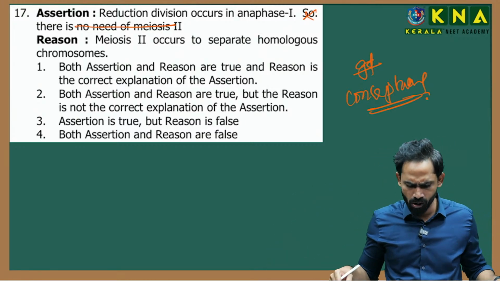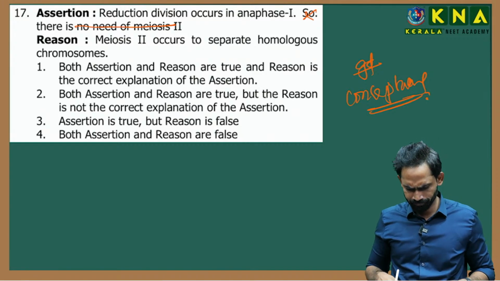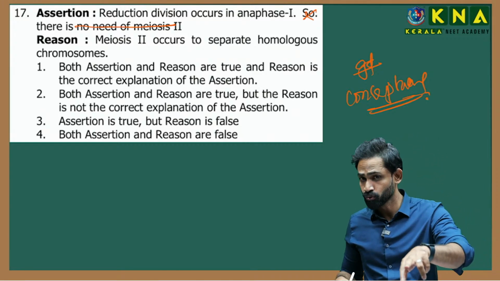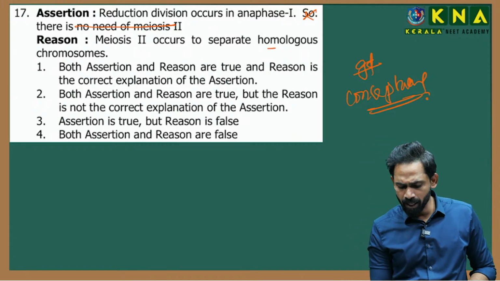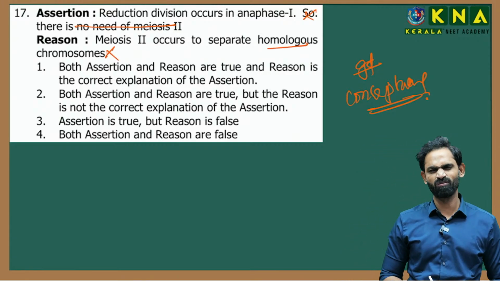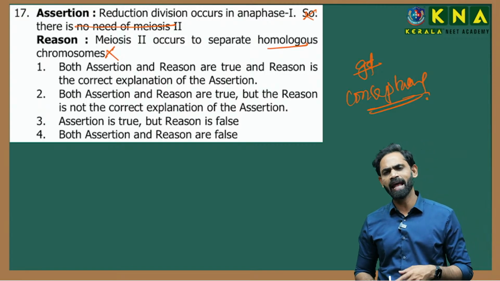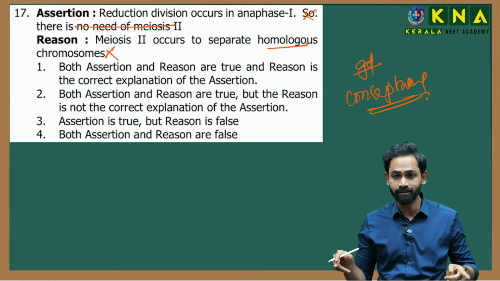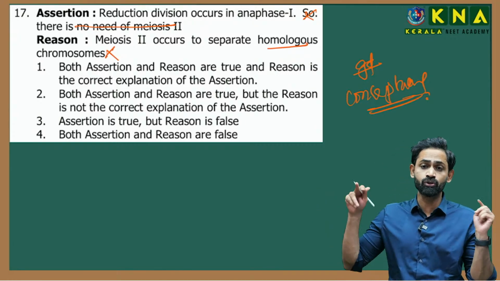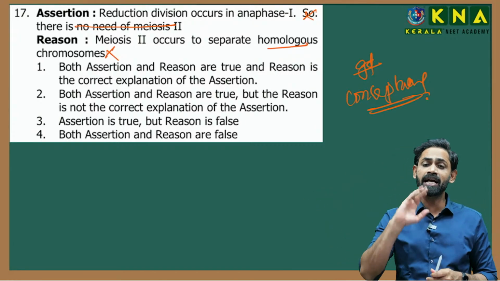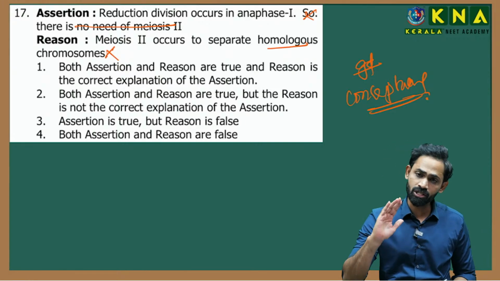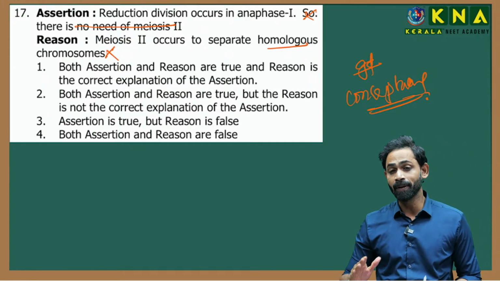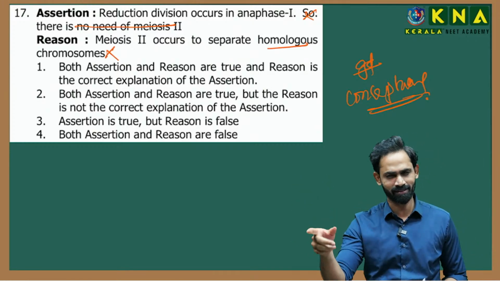Next statement: meiosis 2, anaphase 2 occurs to separate homologous chromosomes. No. Meiosis 1, anaphase 1 involves separation of homologous chromosomes, but in meiosis 2, anaphase 2, there is splitting of the centromere and separation of the sister chromatids.